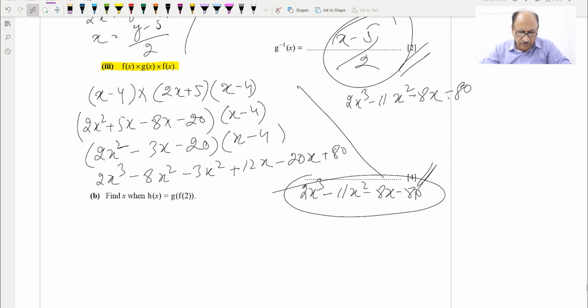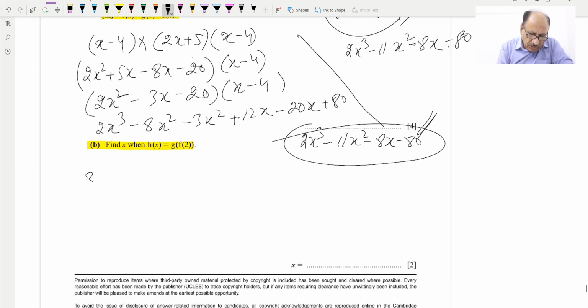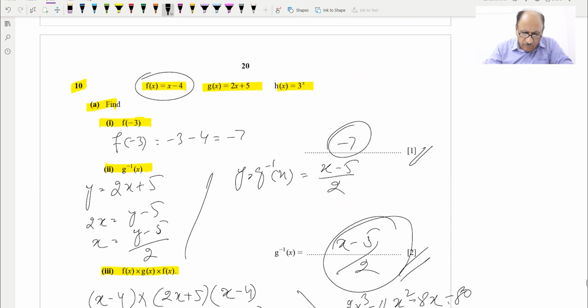Now for B part, it says we need to find x when h of x is equal to g of f of 2. So h of x is 3 raised to x. So we can take 3 raised to x is equal to g of f of 2. So f of 2 we can find from here. f of 2 will be equal to 2 minus 4, which is equal to minus 2.